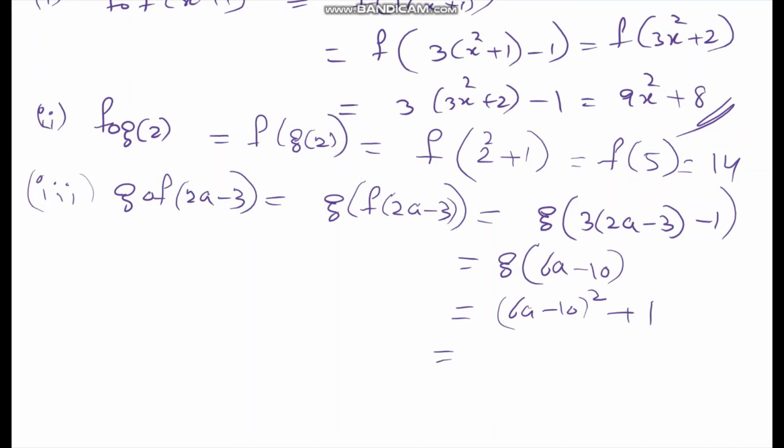This is an a minus b whole square expansion: 36a square minus 120a plus 100 plus 1 is plus 101. This is the value of gof of 2a minus 3.